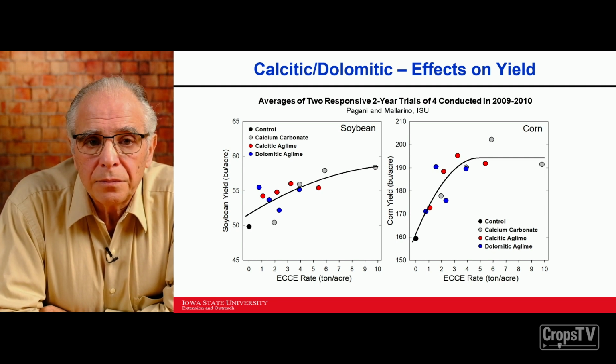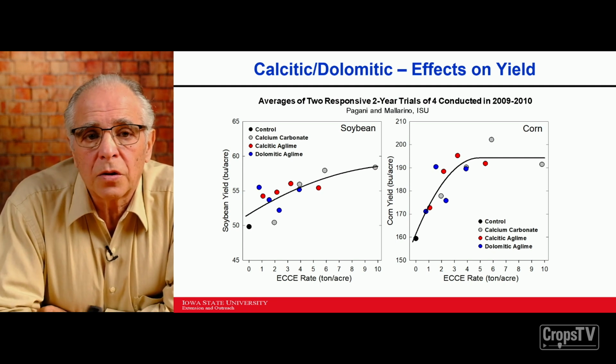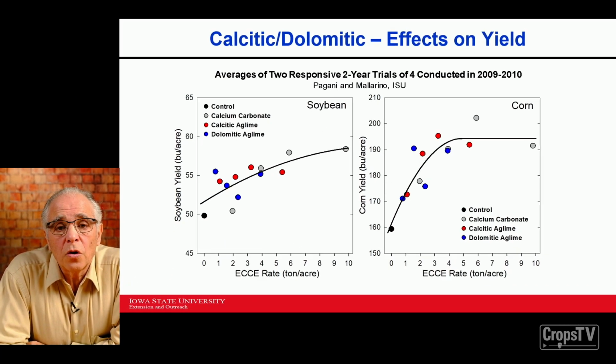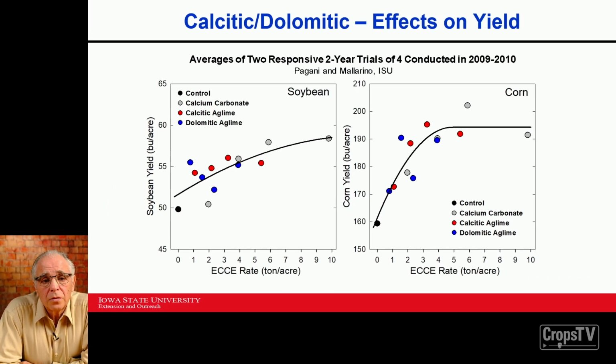Now this is the yield, okay? And these are across the four trials. On the left is soybean, and on the right is corn. We have the ECC rate, and the different colors of the points are the sources used. So you see there is essentially no clear difference between the sources. Now, the lowest rate was 1 ton of ECC.